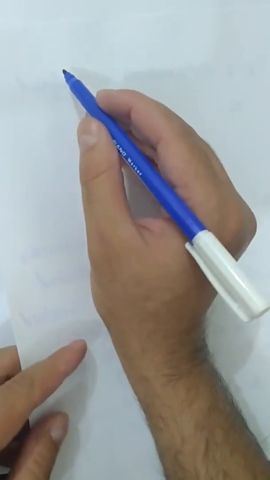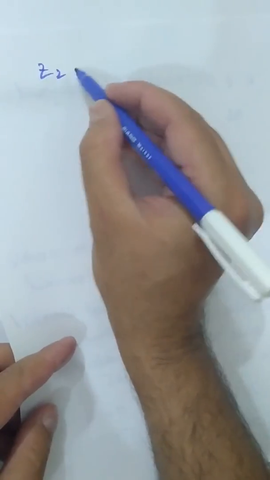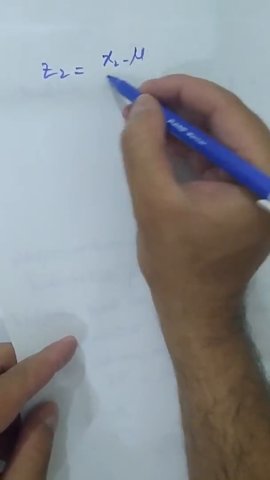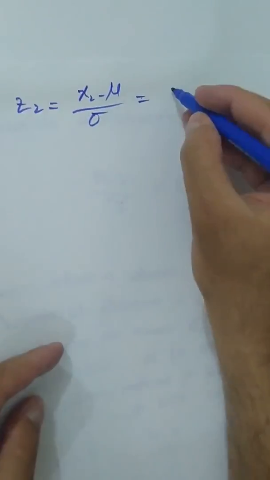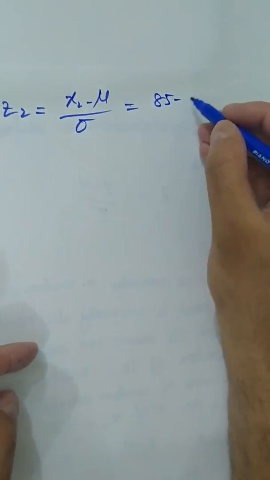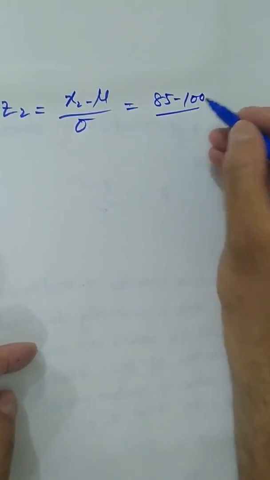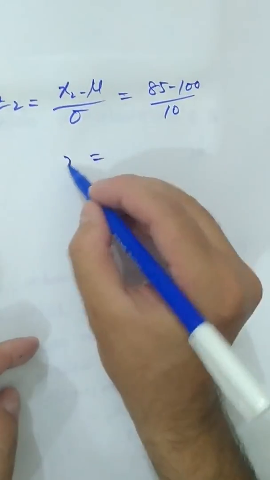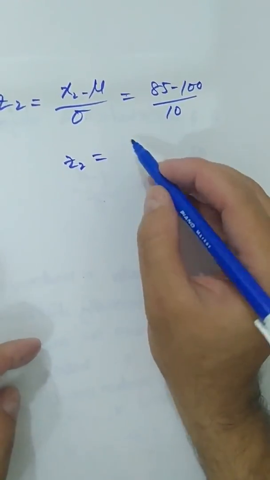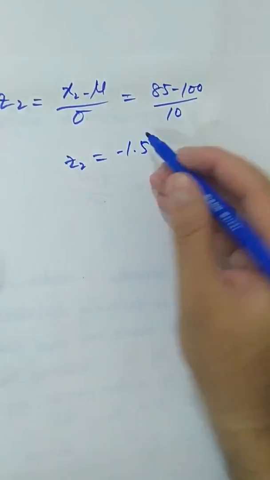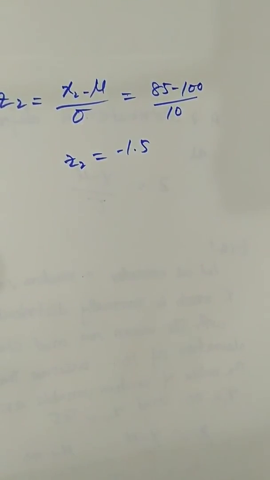Now solve for x2, which is equal to 85. z2 would be x2 minus mu divided by sigma, which is 85 minus 100 divided by 10. So I get z2 equal to minus 1.5.